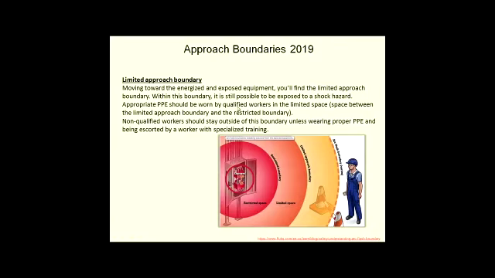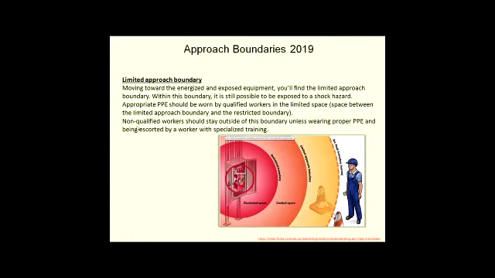Within this boundary, it is still possible to be exposed to a shock hazard. Appropriate PPE should be worn by qualified workers in the limited space between the limited approach boundary and the restricted area boundary. So that's basically this here, limited space.